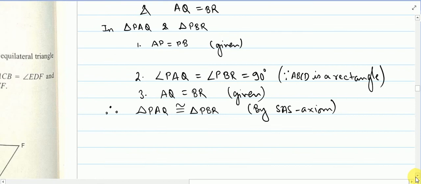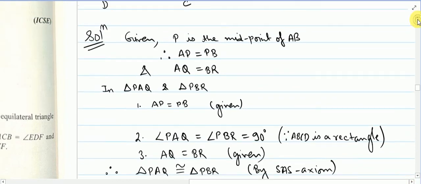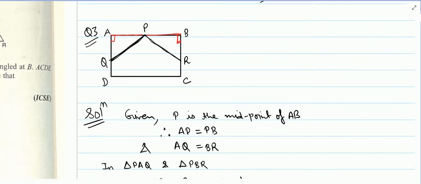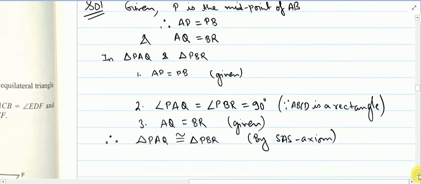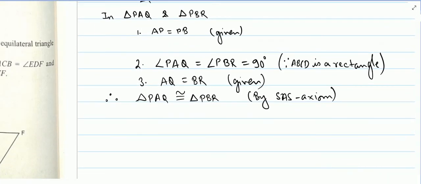Okay, and next what we are supposed to show is that PQ is equal to PR. Okay, so since these two triangles are congruent, corresponding parts are going to be equal.